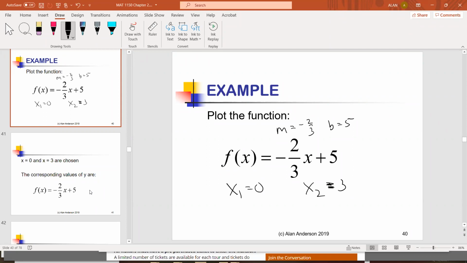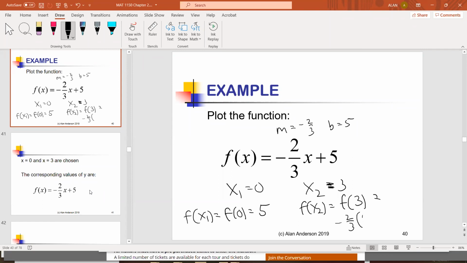So what would be the corresponding values of y? So f of x1 is 5 because I'm just replacing x with 0. F of x2, on the other hand, would be negative 2/3 times 3 plus 5, which is 3.